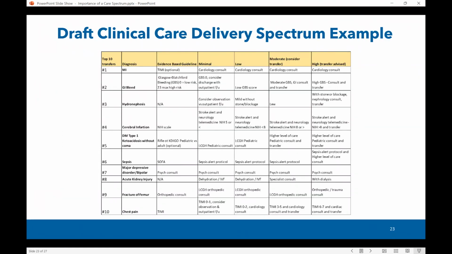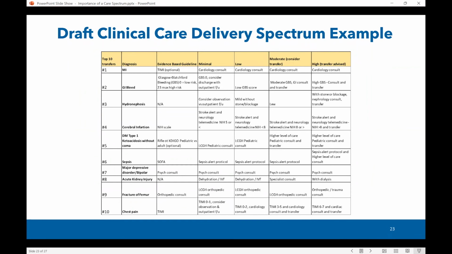This is just an example of one of the draft care spectrums that one of the hospitals we've worked with put together. They went through their top 10 transfers, the diagnoses, and the evidence-based guidelines that they were using, because everyone should be using evidence-based guidelines.